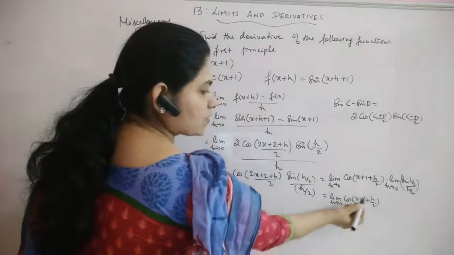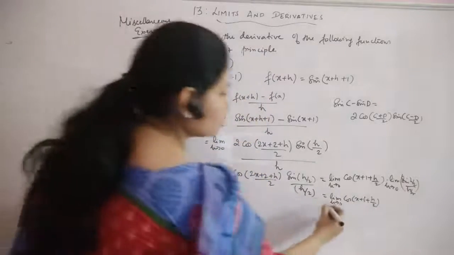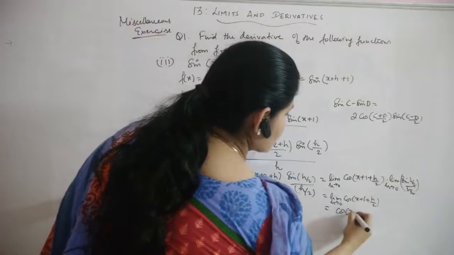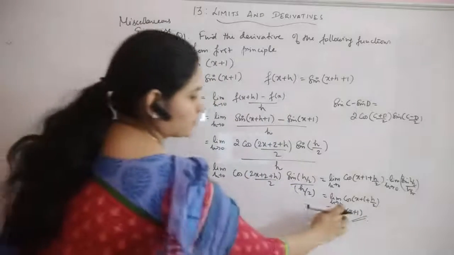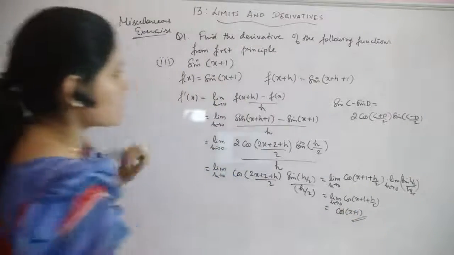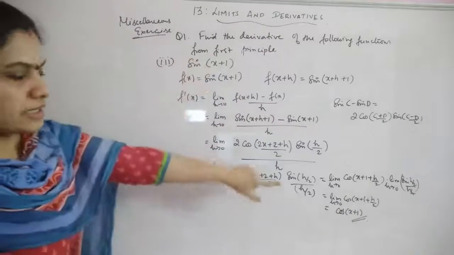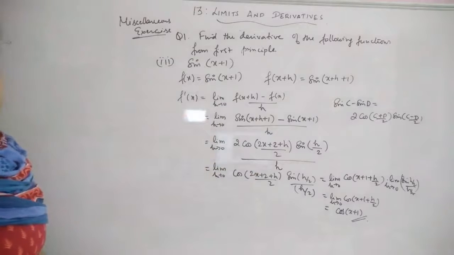Now you are replacing h with 0 and that will give you cos of x plus 1. So that is your answer for the derivative of sine of x plus 1. The derivative is cos of x plus 1.